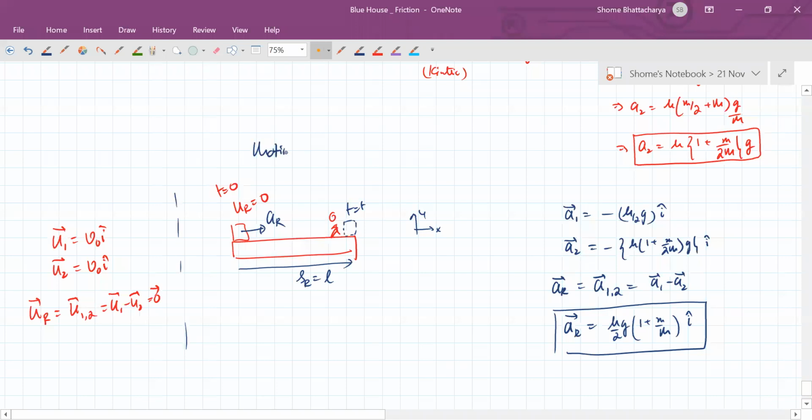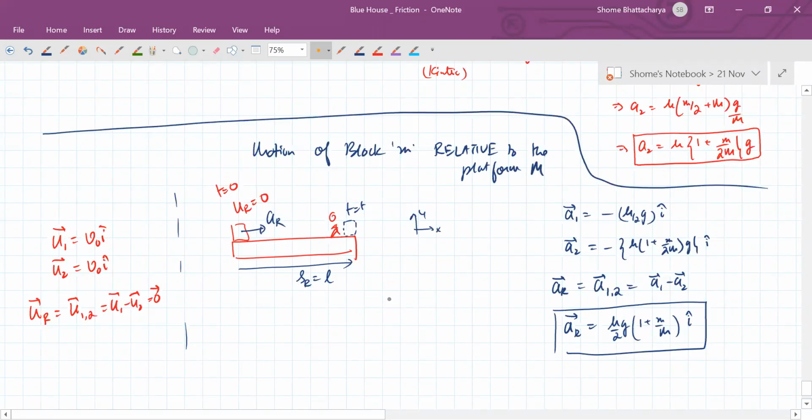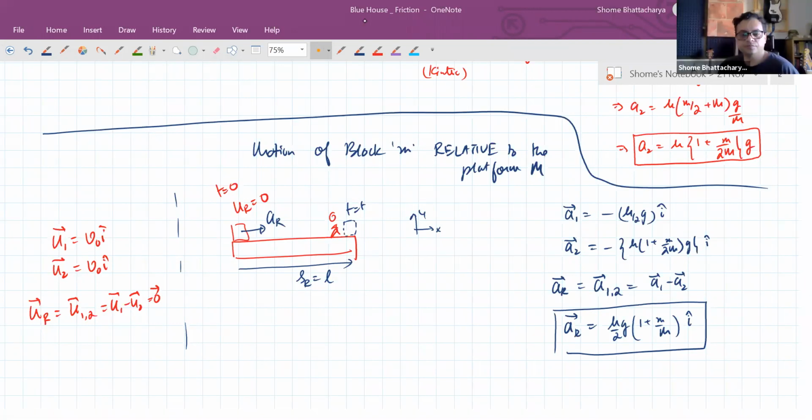So this is the motion of the block small m relative to the wedge or the platform, whatever. That's what we are looking at in this part. Okay.